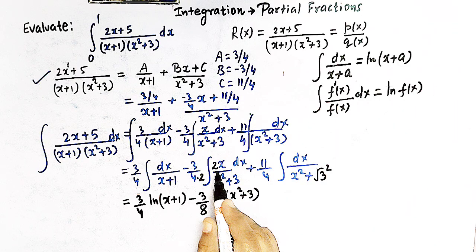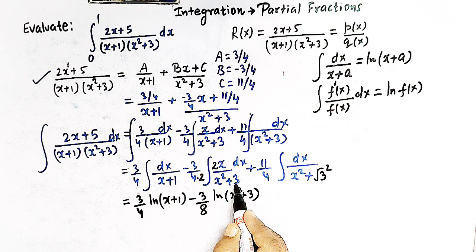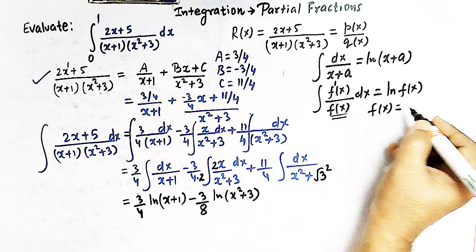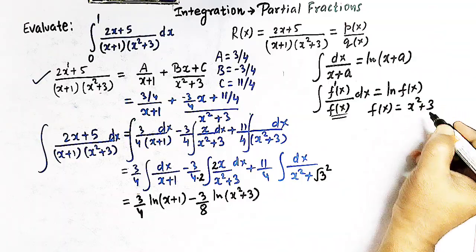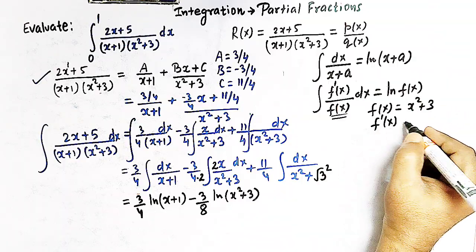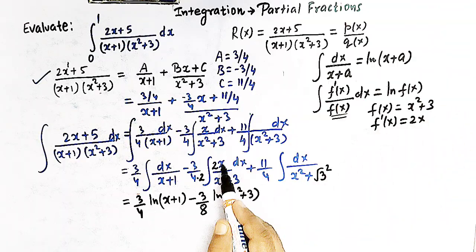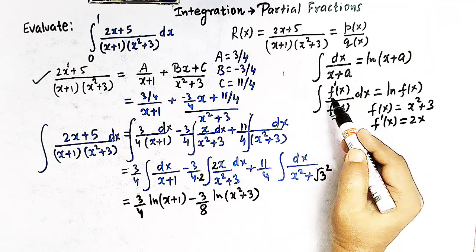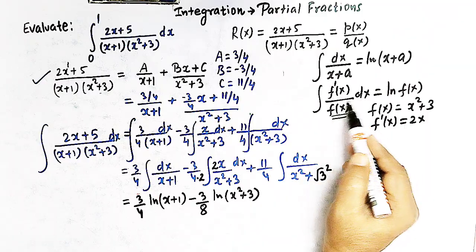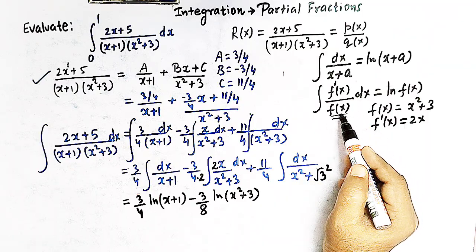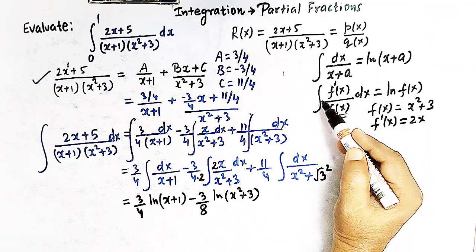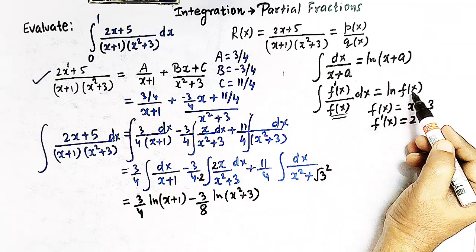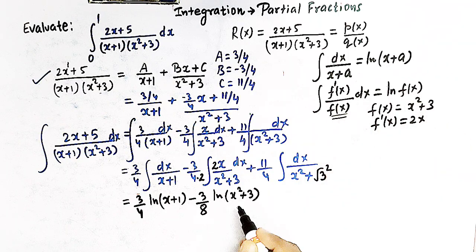So here we have 2x over x square plus 3. If we take f of x as x square plus 3, then f prime of x is simply 2x. So this integral is of this form, where the integrand is f prime of x divided by f of x. So the indefinite integral of f prime of x divided by f of x is natural log of f of x.